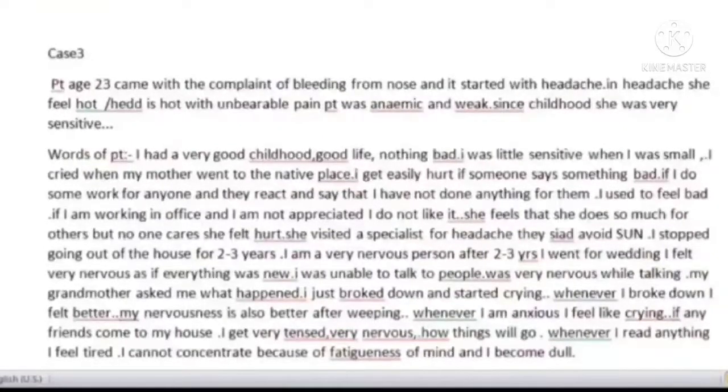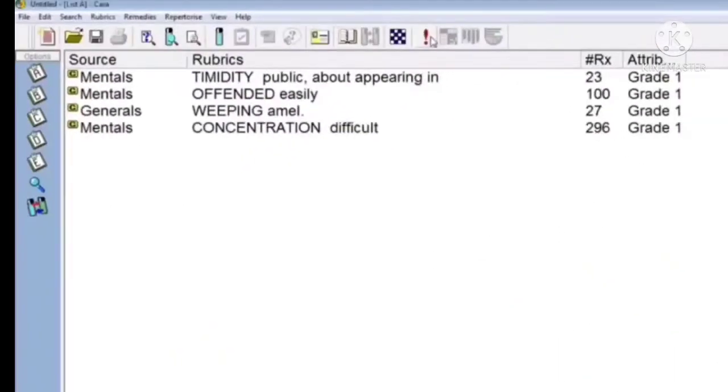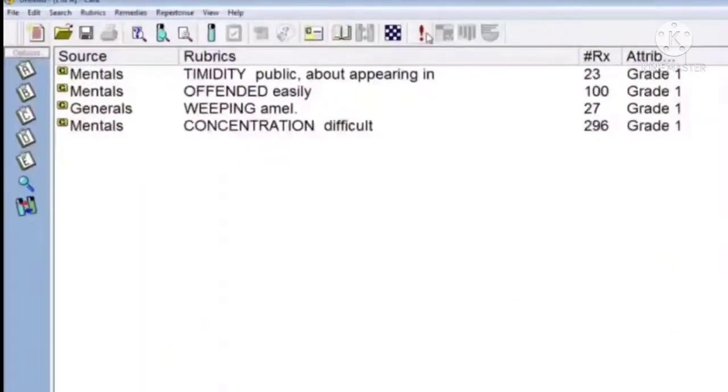So while talking, she used to get nervous. So you'll find in graphites nervousness, they will have an excitement. They will get excited, nervous excitement while talking. In this case, we have taken rubrics like timid, public, about appearing in, offended easily, concentration difficult, and weeping.